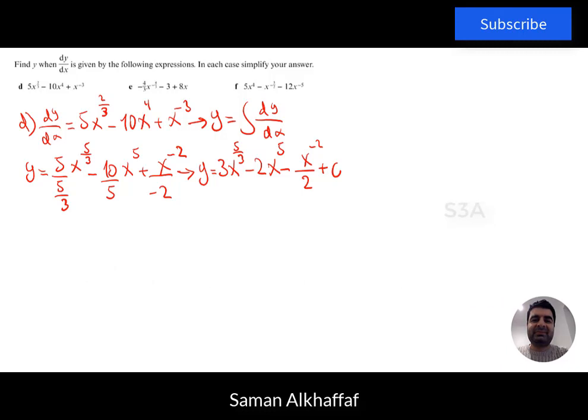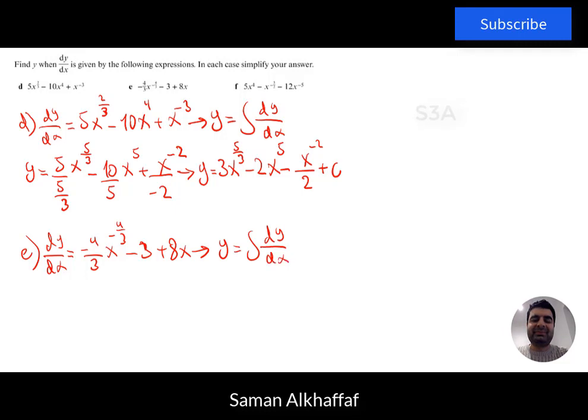For part E, we have the dy over dx equal minus 4 over 3 x to the power of minus 4 over 3, minus 3 plus 8x. So for us to find y, will be the integration of dy over dx.